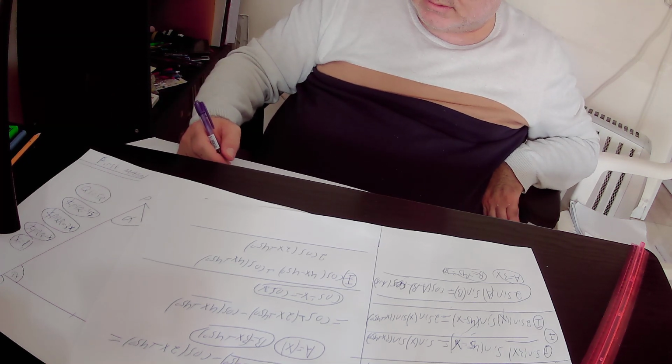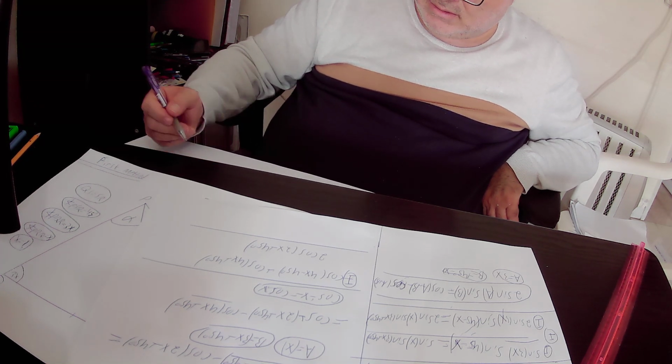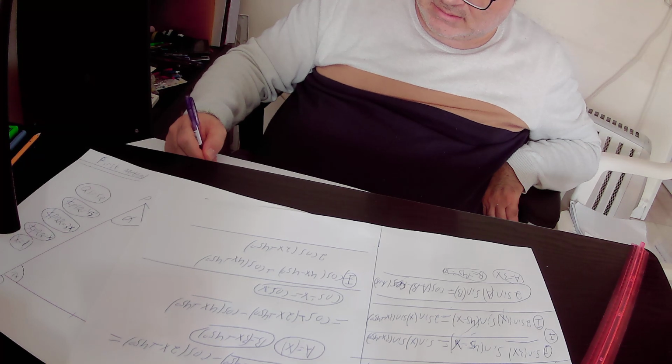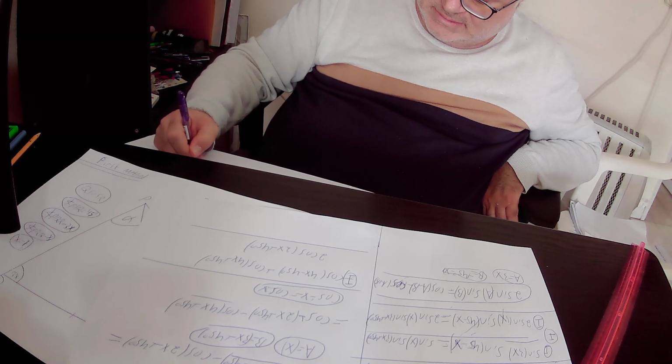And in our specific equation, a equals 2x and b equals 45 degrees.